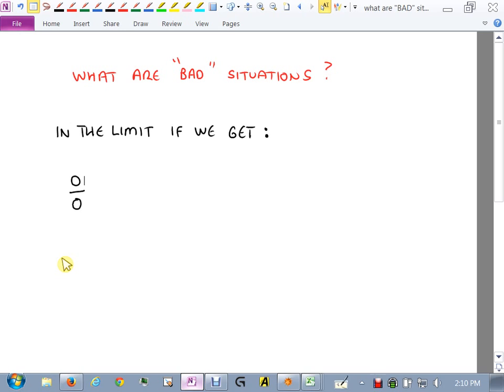There's another one that required some trick: infinity over infinity. The first example I ever gave you of that was where you had to multiply top and bottom by 1 over x squared. You can refer to your notes. Infinity over infinity. Top's growing, bottom's growing, who wins?